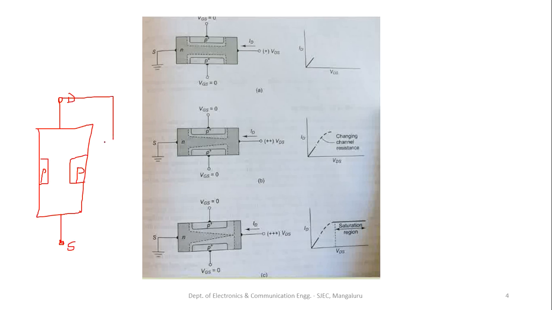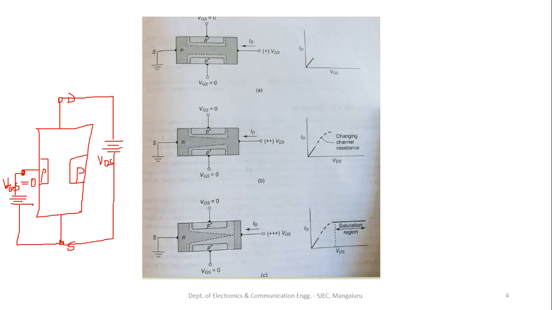This is connected to VDS, and then we have the gate terminals. The gate terminals on this side and this side are interconnected, and then we connect the reverse bias condition. This is your VGS. So VGS is made 0.